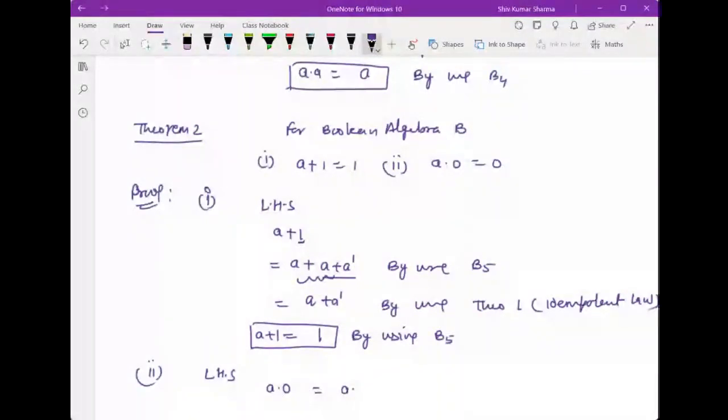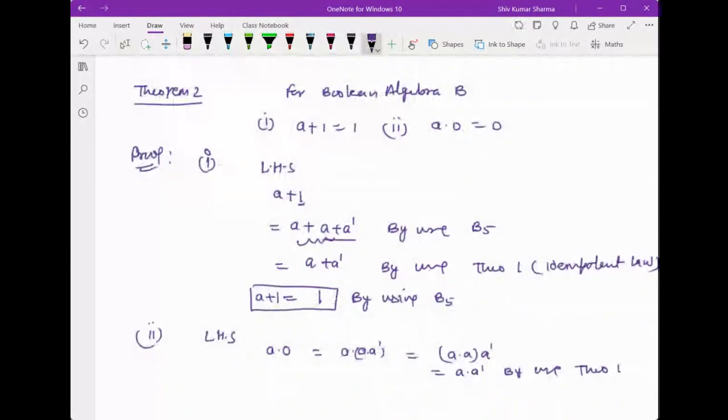This A into 0 we can write as A into A complement, by using theorem 1, A into A equal to A. So A into A complement equal to 0, by using B5. So we write A into 0 equal to 0. So this is theorem number 2. And next, theorem number 3.